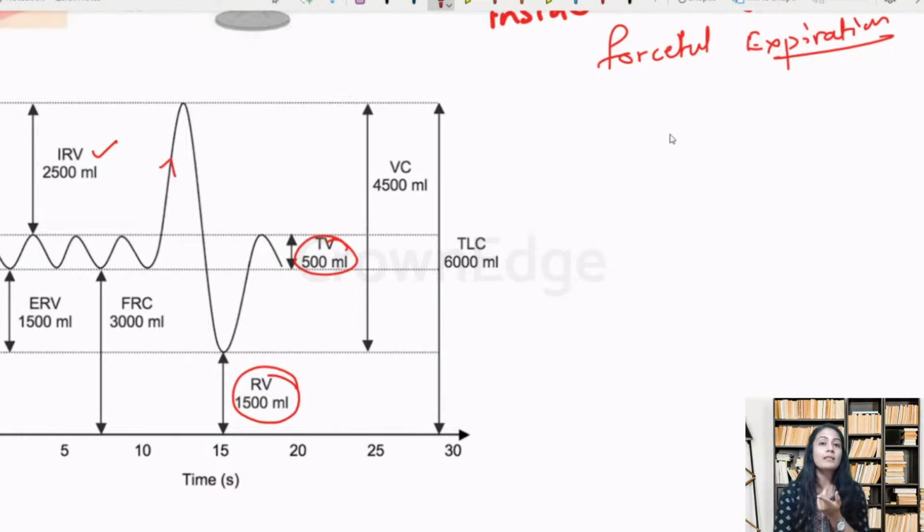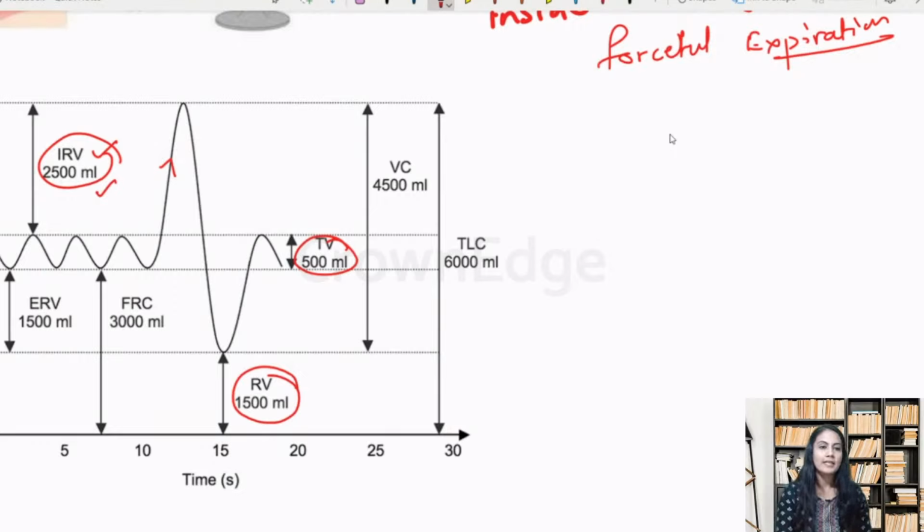If you ask the patient to inspire fully and then expire, you're going to get around 2.5 to 3 liters of extra volume, and that's how you know this is his IRV. If we want to check the IRV, we can give the person a jar in which an already measured volume of air is there, and ask him to inspire through the mouth. So we can measure that also.